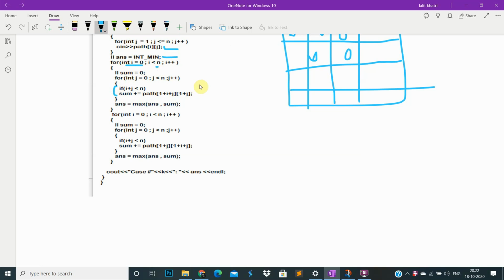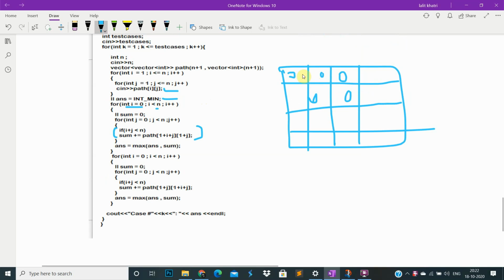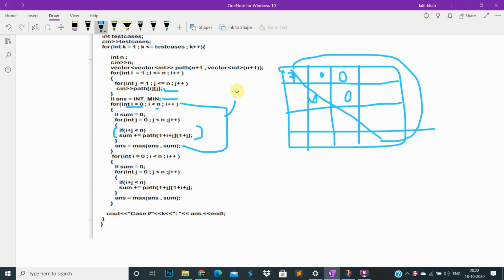From this side, it will take the maximum. In this particular loop, it will take only this side and this side.